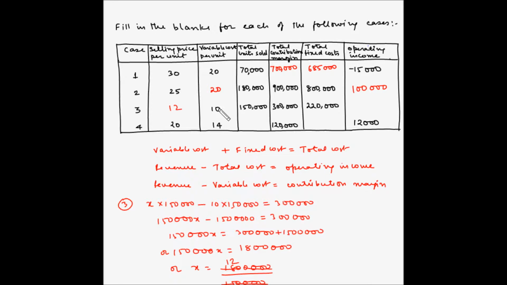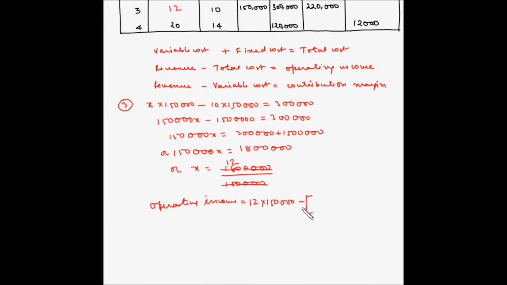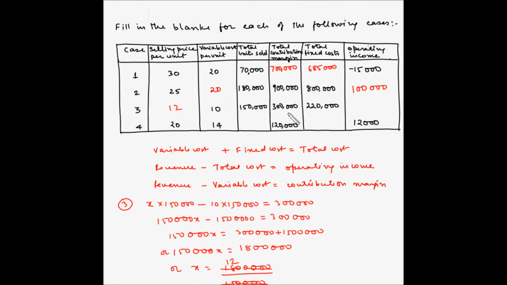So total cost is the addition of variable cost and the fixed cost. So variable cost is 10 multiplied by 150,000 plus the total fixed cost, which is 220,000.